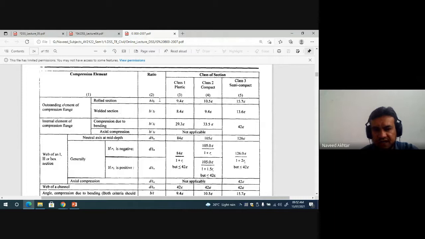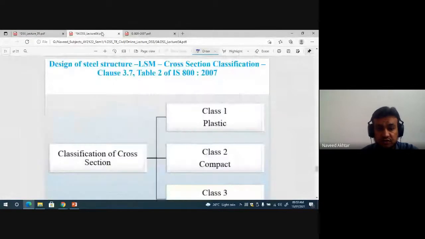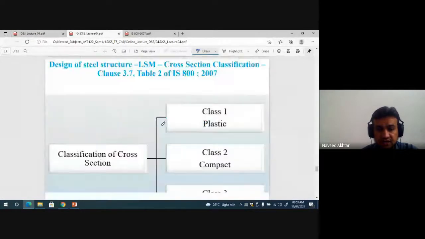If your b by tf ratio is more than 10.5 epsilon and less than 15.7 epsilon, then that is the semi-compact class. But if your b by tf ratio exceeds 15.7 epsilon, then your section is a slender section. You are not going for the slender section.